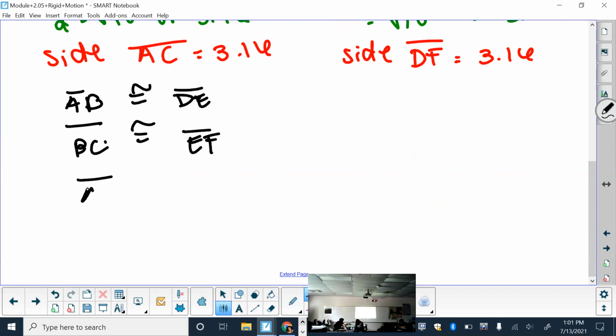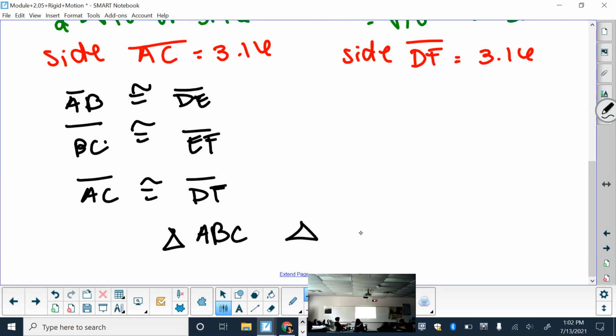We have side AC congruent to side DF. All right, and because those are three corresponding sides that are congruent, triangle ABC is congruent to triangle DEF by side.